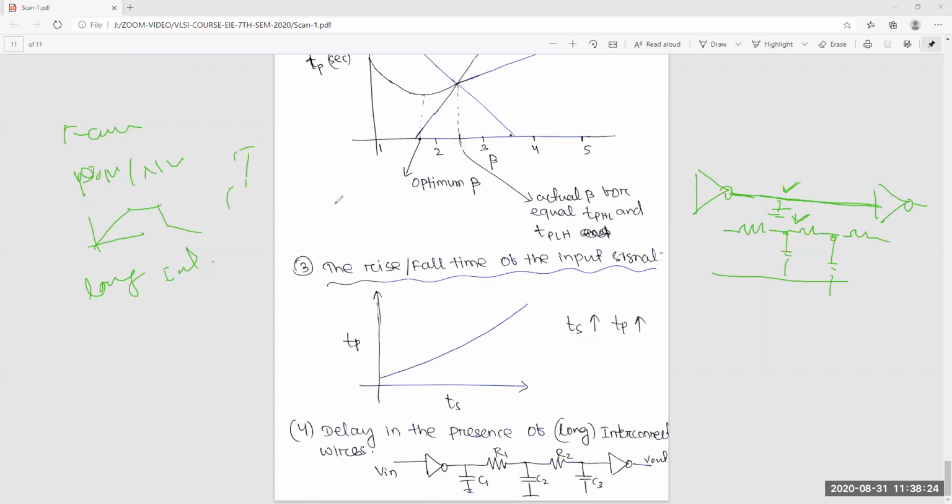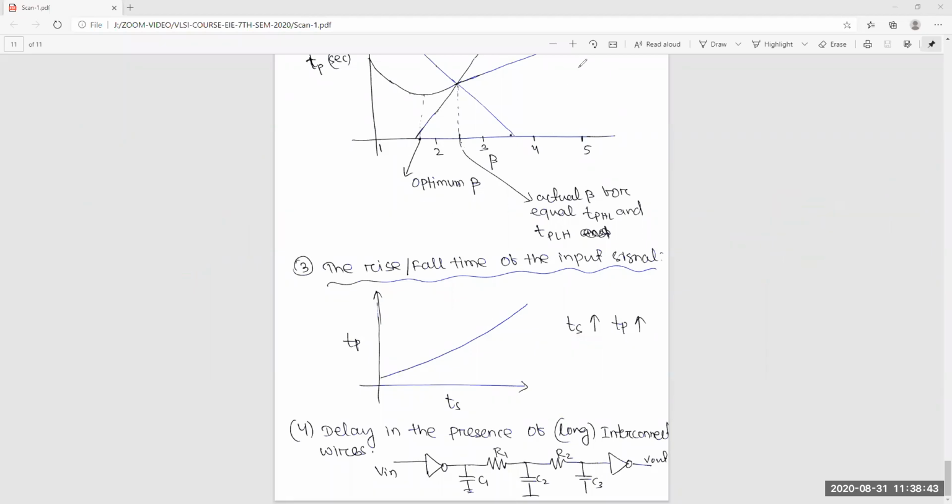Everything is the same; you just have to calculate some numerical problems, then it will be clear. Does anyone have any doubt up to this? Has everyone understood these things?